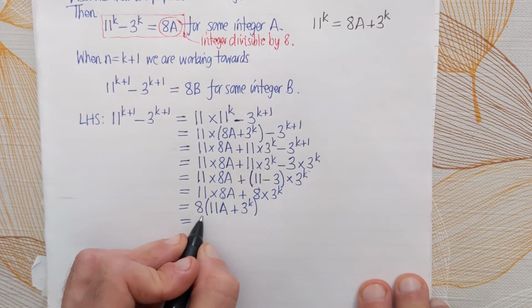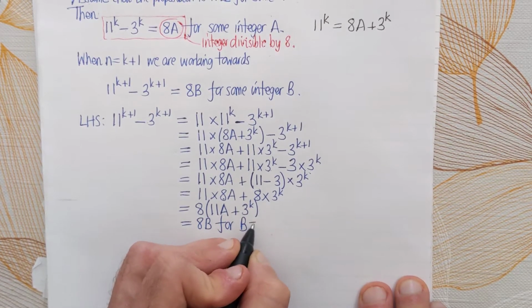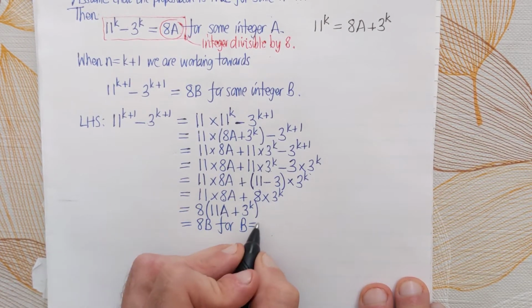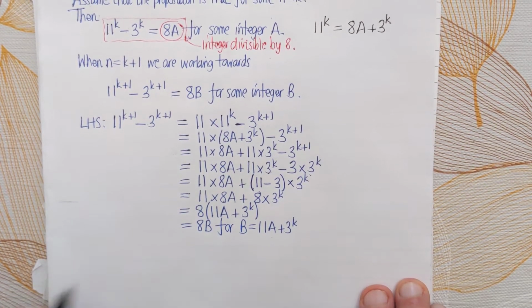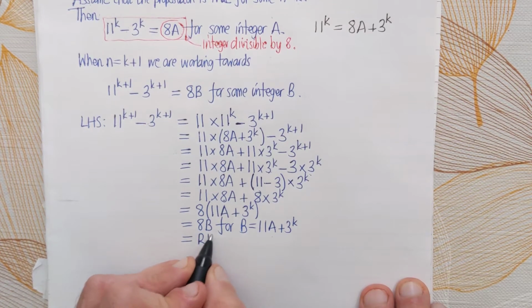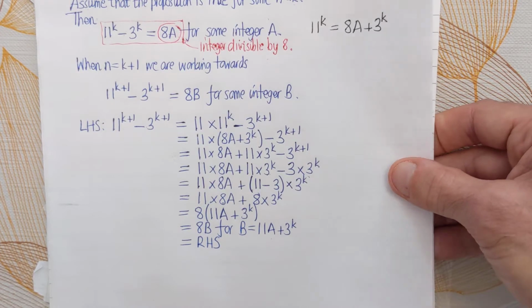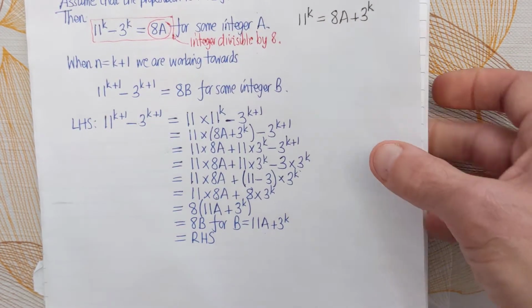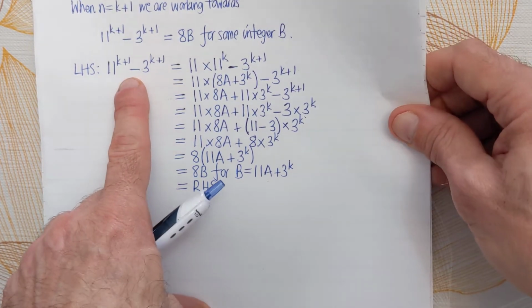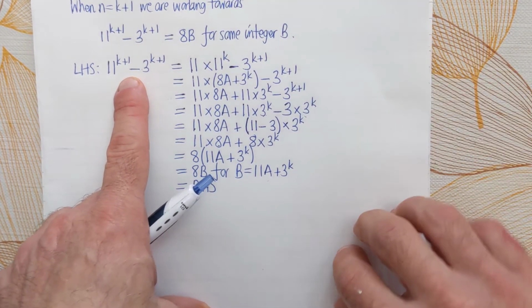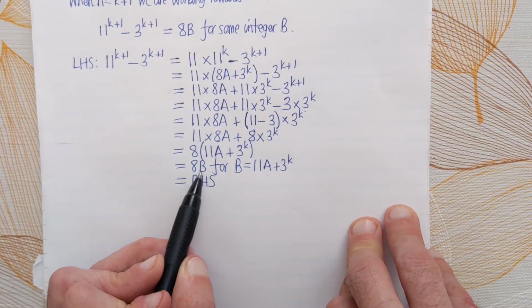which in fact equals 8b, for b equals 11a plus 3 to the power of k, which in fact gives us our right hand side from here. So we've shown now that for the case n equals k plus 1, we do indeed produce a multiple of 8 on the right hand side.